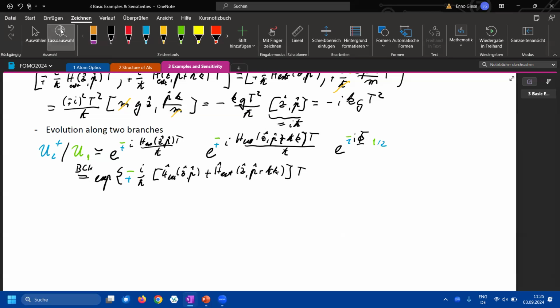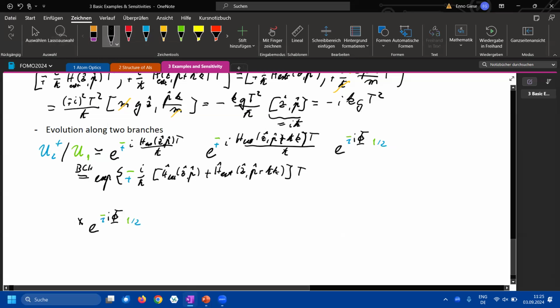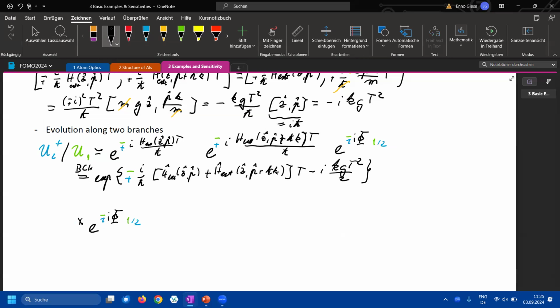And of course, that's also appearing here later. But this is just trivial because that's always standing there. Okay, and so now we have minus i k g T squared over 2. This is now for U1 and U2 dagger. We have exactly the same form.